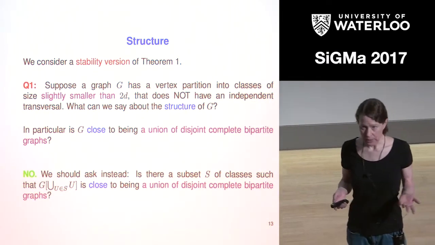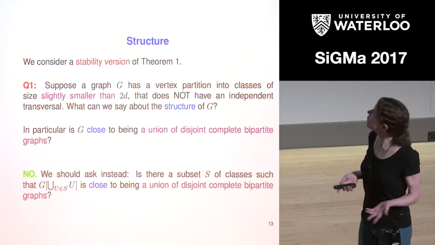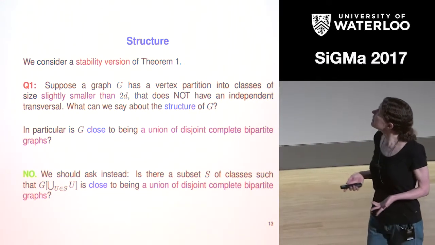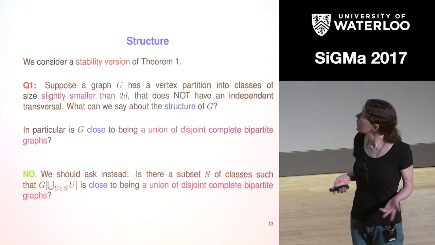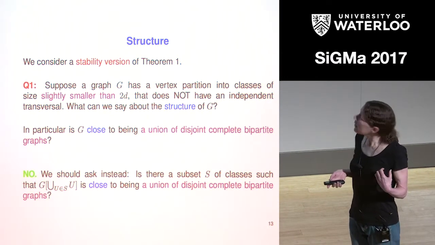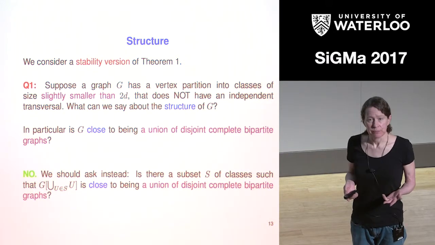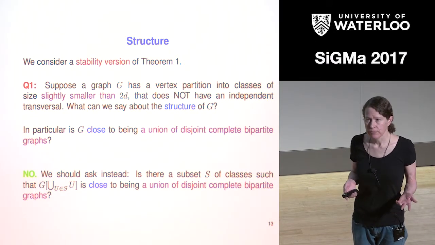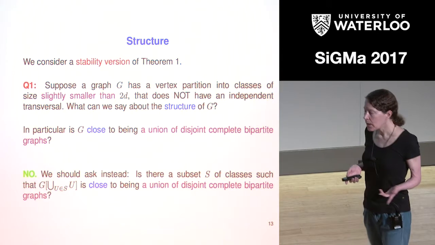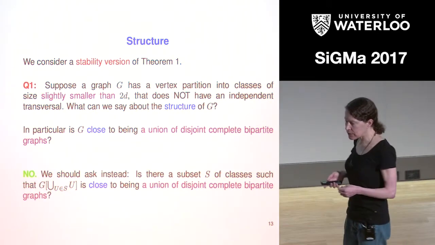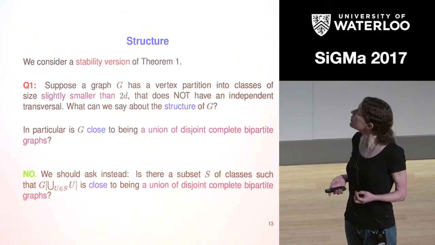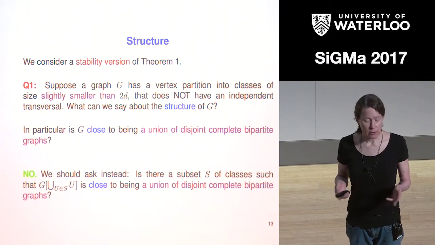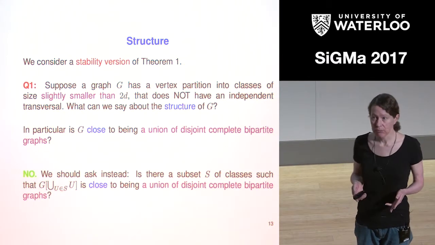Suppose you have a vertex partition graph with maximum degree d. Maybe the class sizes are a little bit smaller than 2d, and you don't have an independent transversal. Can you say anything about the structure of the graph? I told you that the 2d was best possible, and in the example of Szabó and Tardos, the graph itself was a union of disjoint complete bipartite graphs.